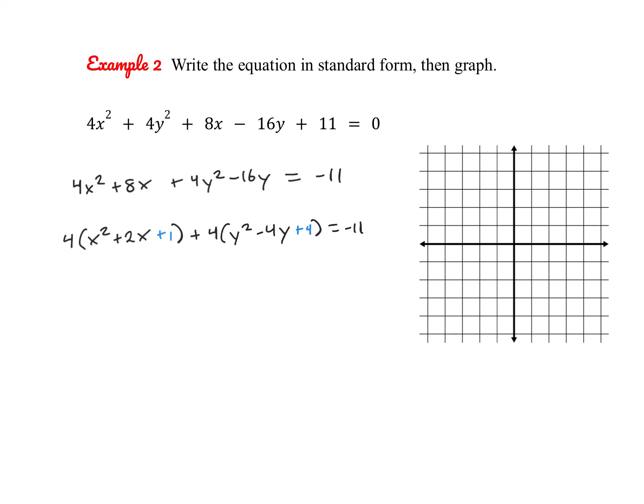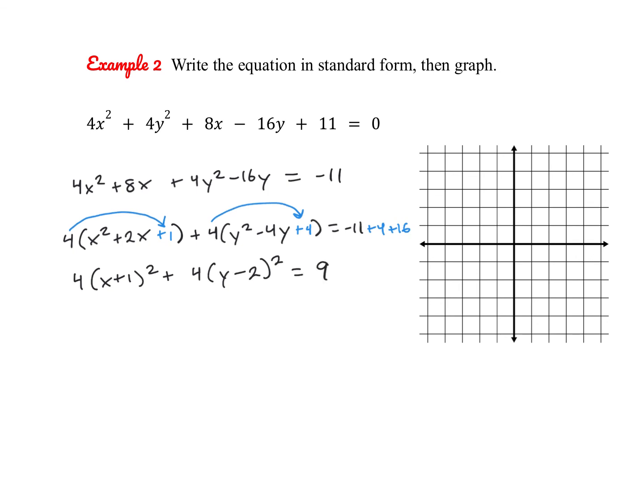equals −11. Now here we need to make sure our equation stays balanced. So here I added 4, and then here I actually added 16. So now we can factor. So 4(x + 1)² + 4(y − 2)² = 9.